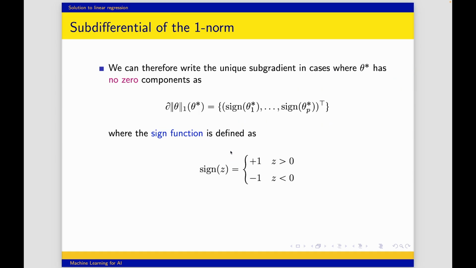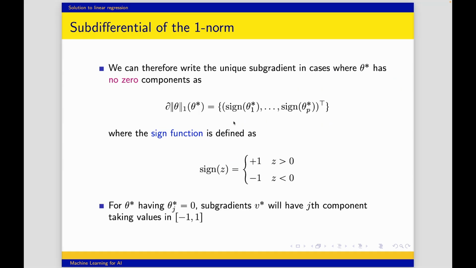So the problem will obviously come in when one of these theta star components is 0. What will happen in that case? Let's say that the jth component is 0. In that case, the subgradient V star will have jth component taking values, as we've already seen, between -1 and 1.